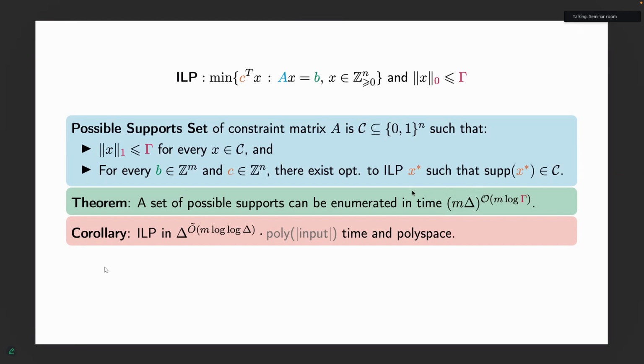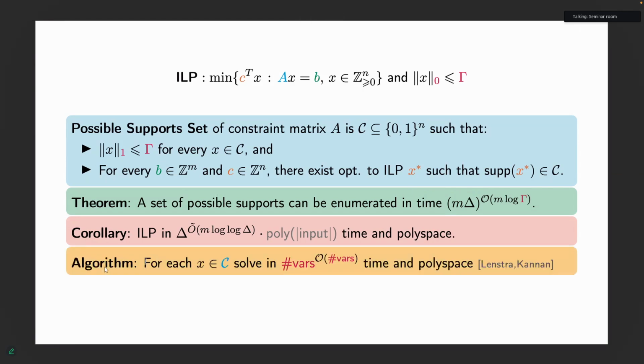Okay, any questions about the definition? And the algorithm will be just, now I have all these candidate support sets, so I will go over these possible candidate support sets, and I will solve my ILP by using Lenstra-Kannan, with running time exponential in the number of variables.